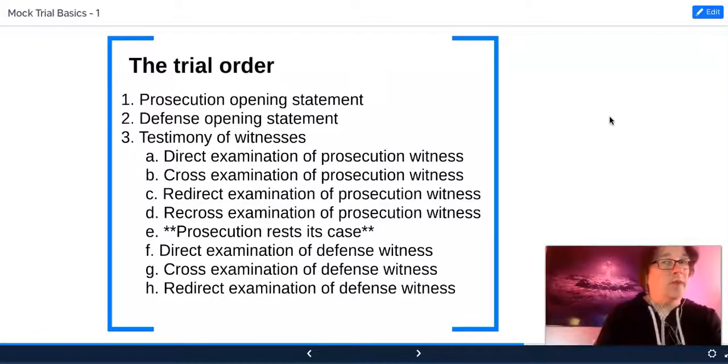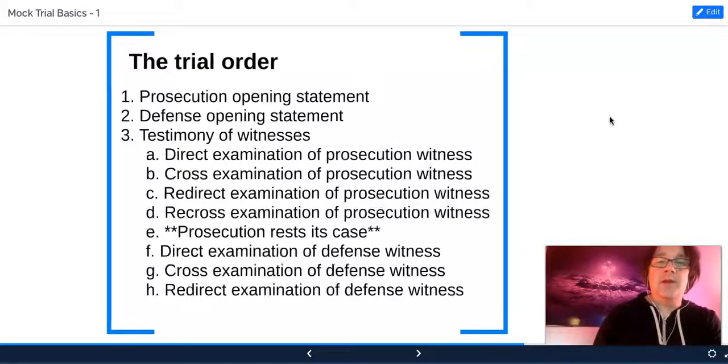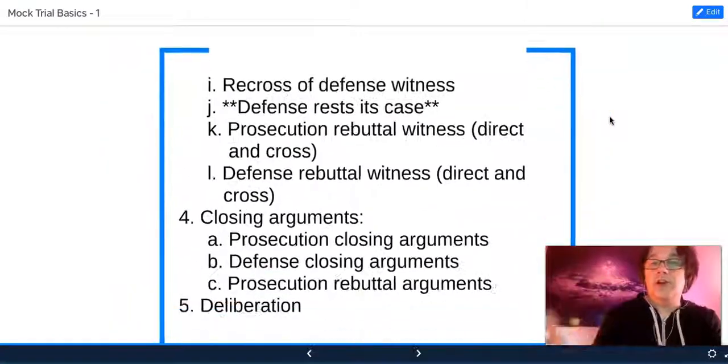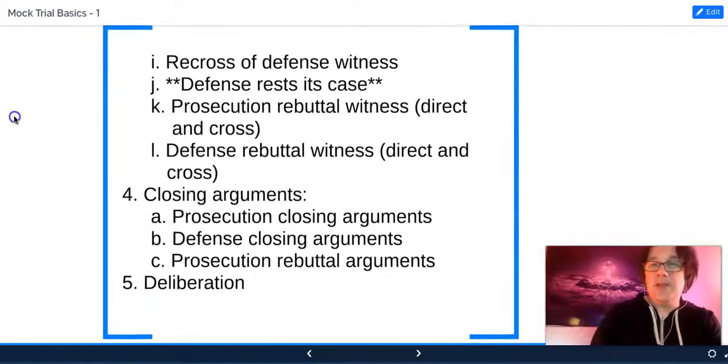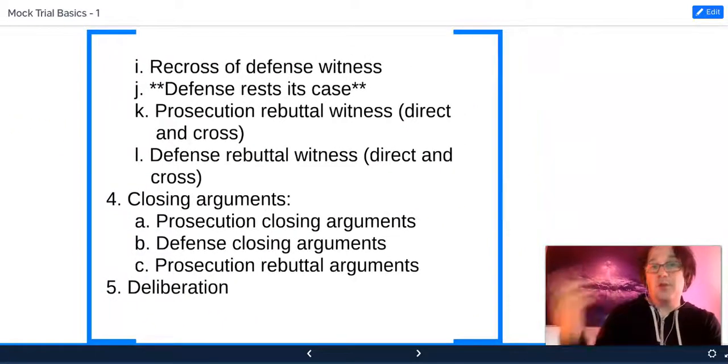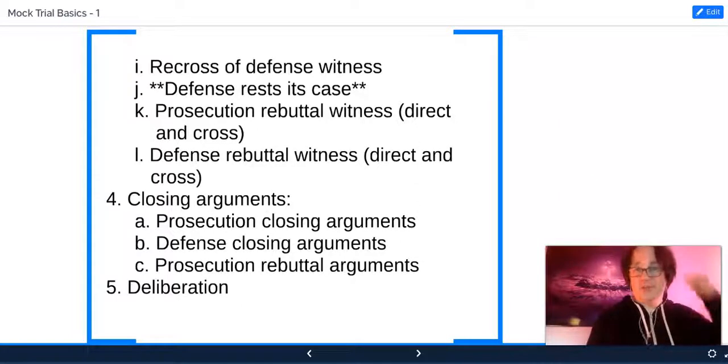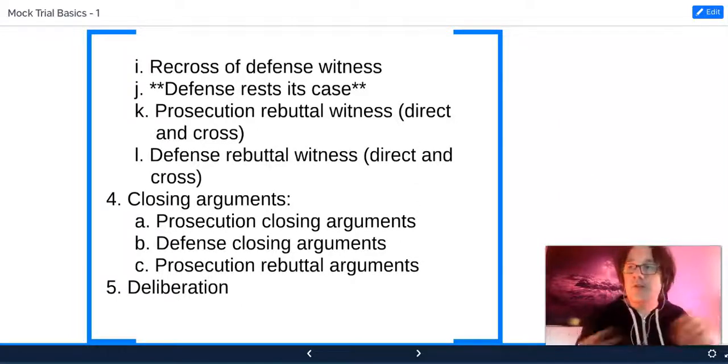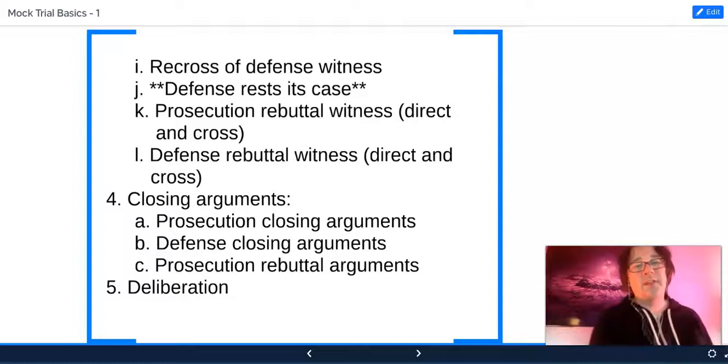There might be a redirect examination of that defense witness by the defense attorney, and there might be a recross examination of that defense witness. And that process is going to continue for all of the defense's witnesses, at which point, when there are no more defense witnesses, the defense will rest its case.